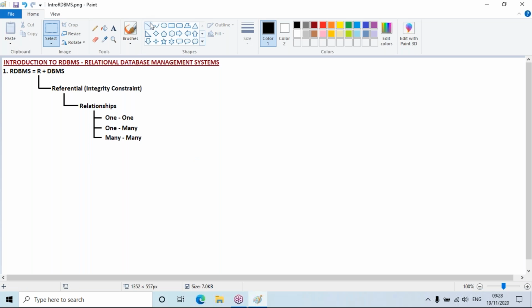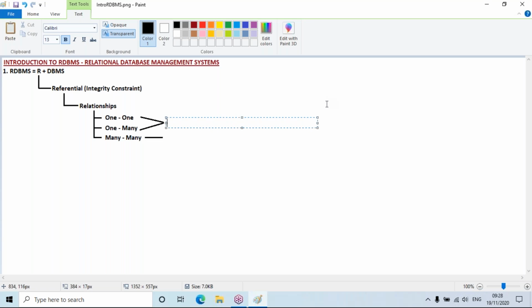Three. And in that, one to one and one to many, these two we have for direct implementation.